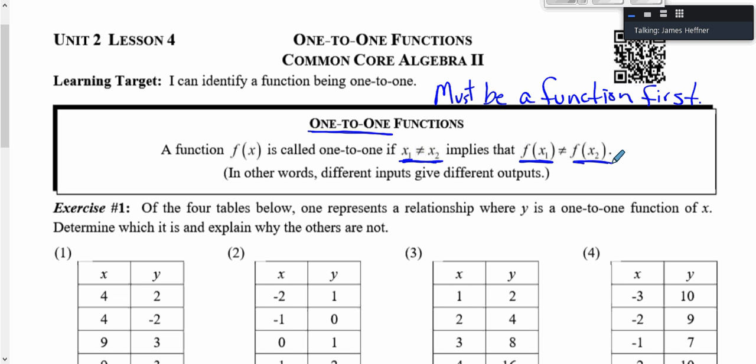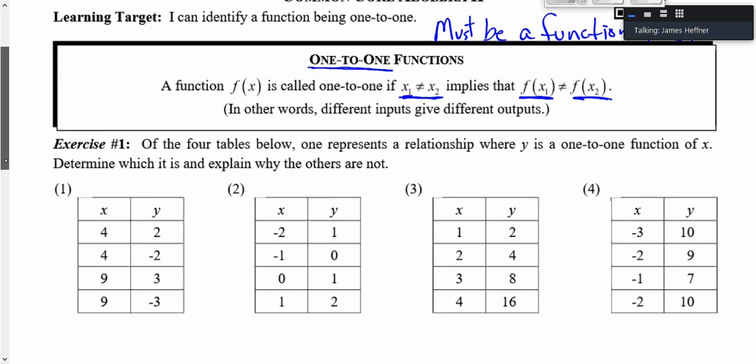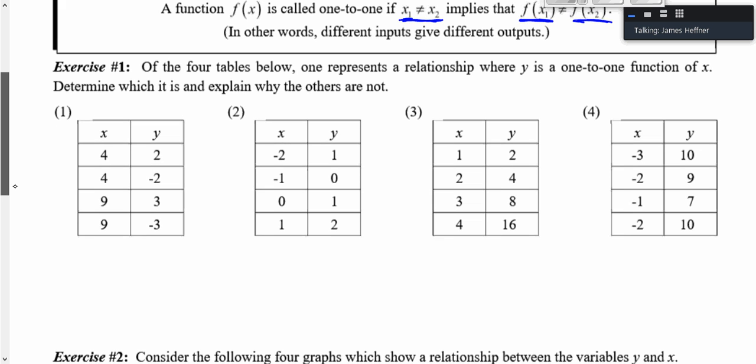It sounds a lot like a function, but it's not exactly. It's exactly one-to-one: every input has one output, and every output has exactly one input that makes it. Probably the best way to clear this up is to go through a couple of examples.